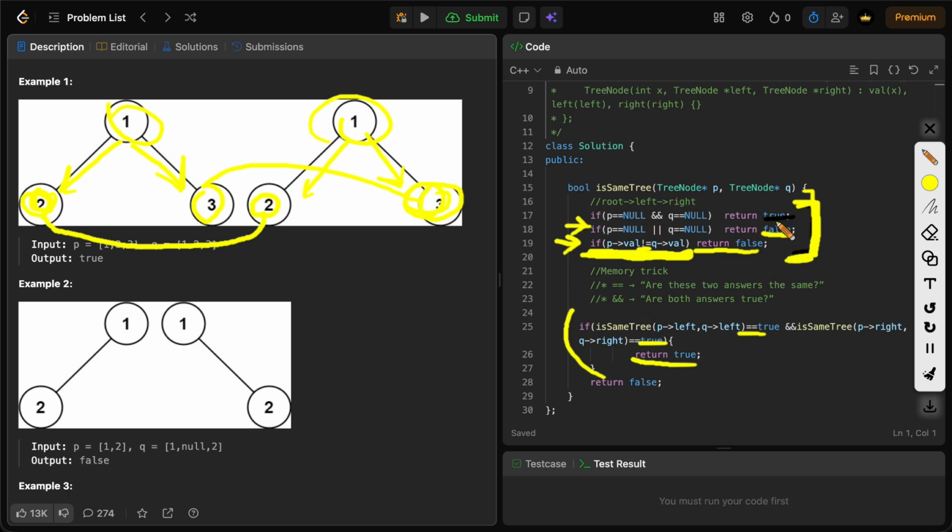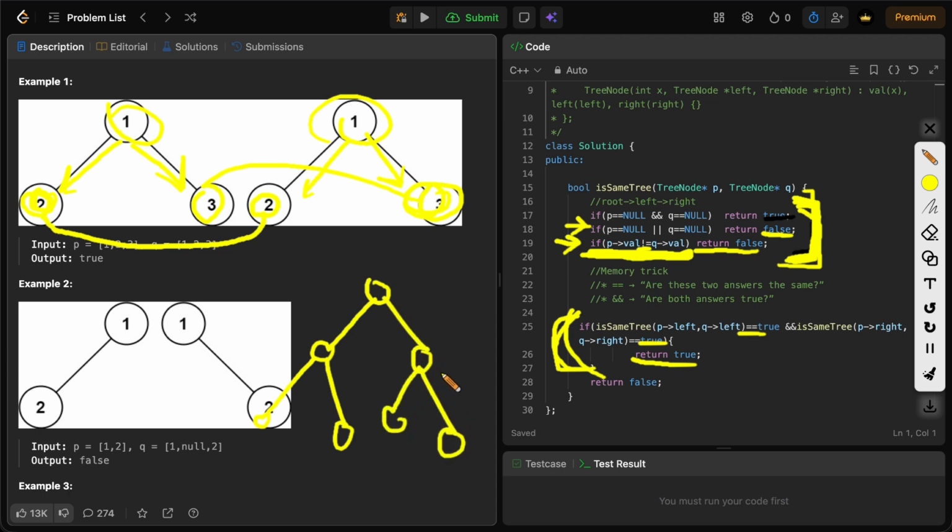Then if these conditions return true, it recurses, again returns true, again recurses, again returns true. And in this way, if we have a larger tree with more nodes, we can solve that problem also.